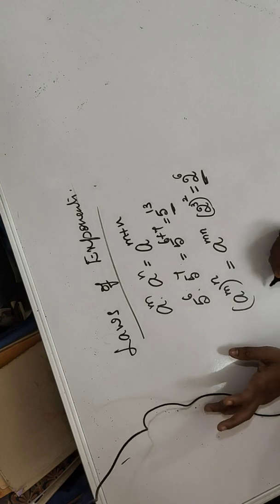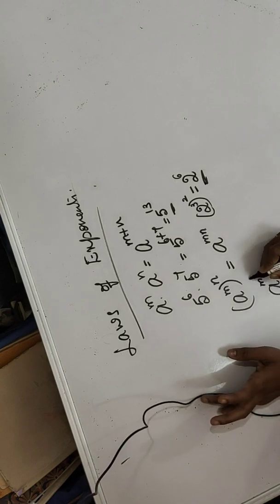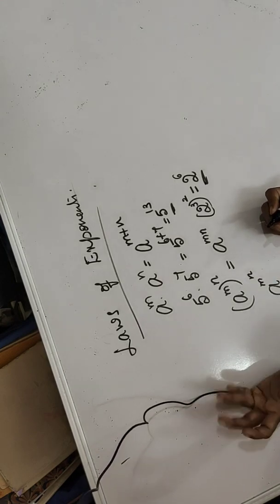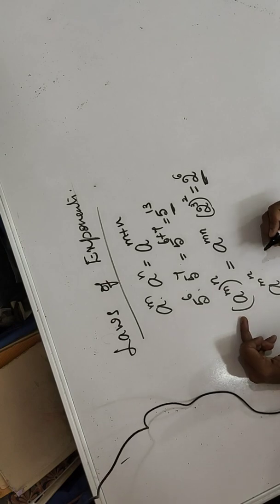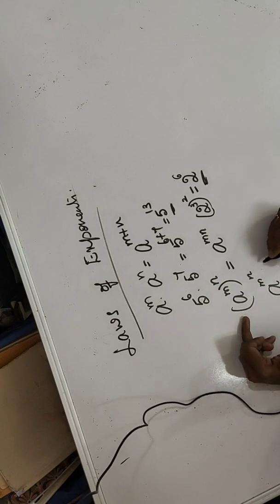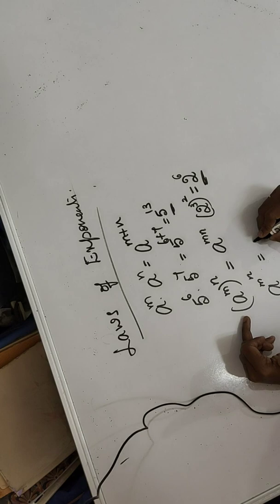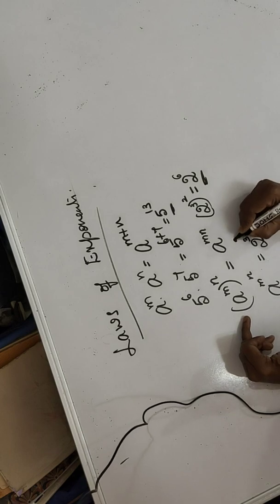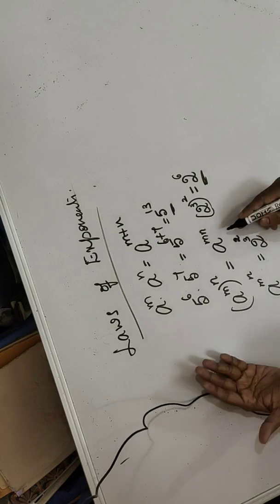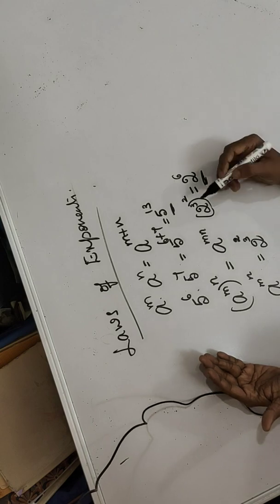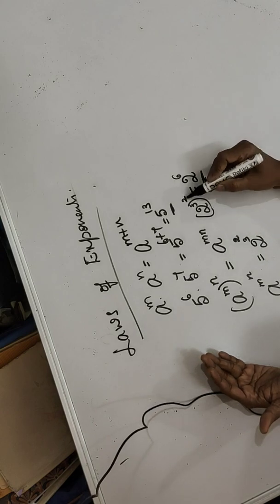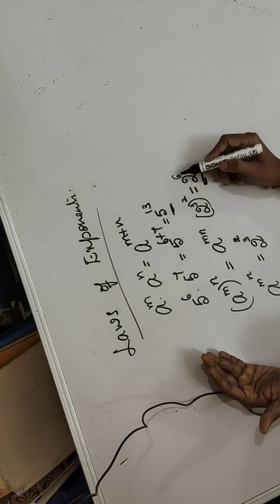Like this, one more question will come. a to the power m to the power n without bracket. This is different, okay. For example, same example I will take, 2 to the power 3 whole to the power 2, 2 to the power 3 to the power 2. See, when you are having a bracket, you will multiply the numbers, 6.